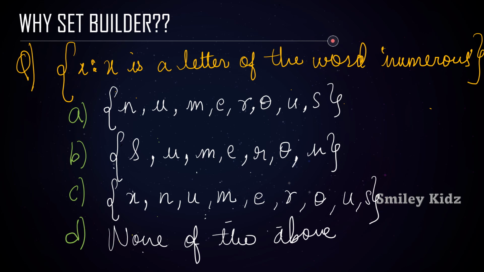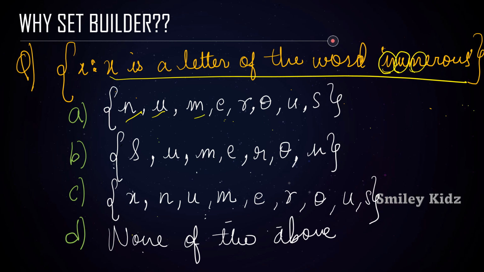Alright. Now here x is a letter of the word numerous. If you look over here, N, U, M, E, R, O, and S. But in this option, U is still there. Here also it is there. But here, U is represented 2 times in a set. That cannot be possible.